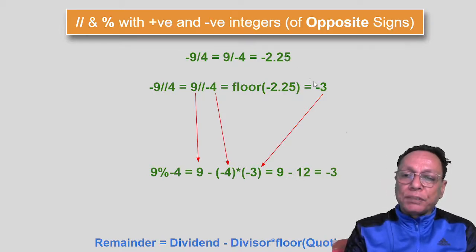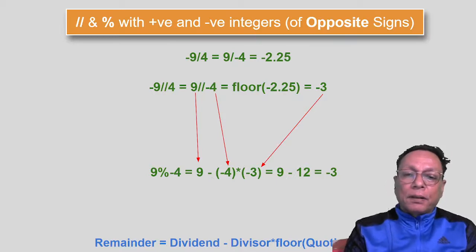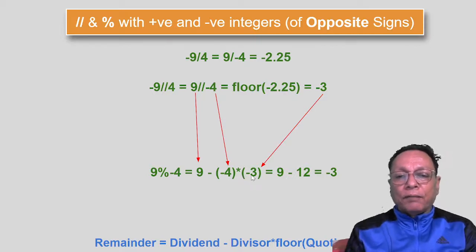My floor quotient is minus 3, and that is why after calculation it gives you 9 minus 12, because minus minus when multiplied will give you a positive sign.